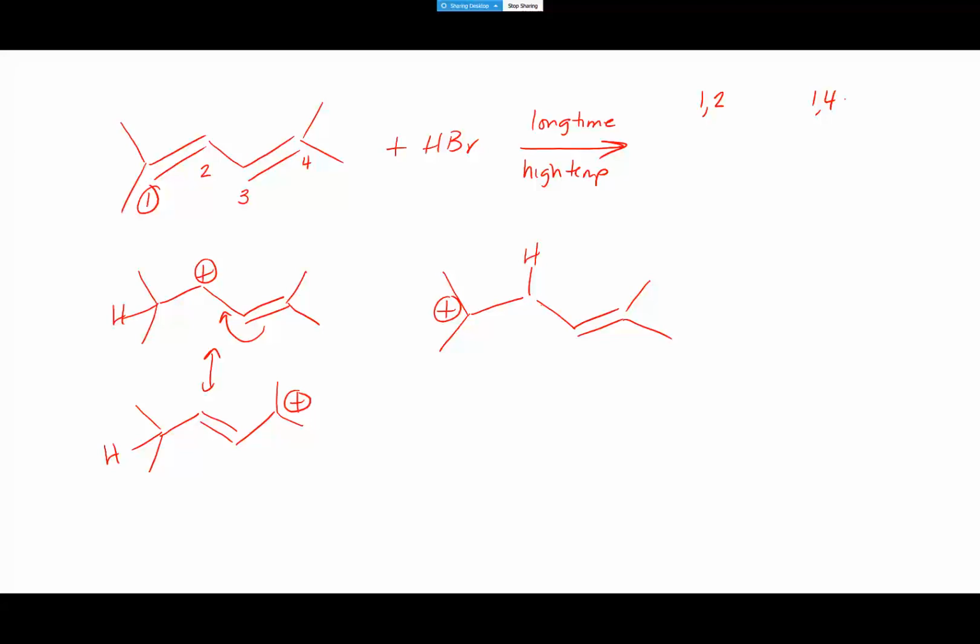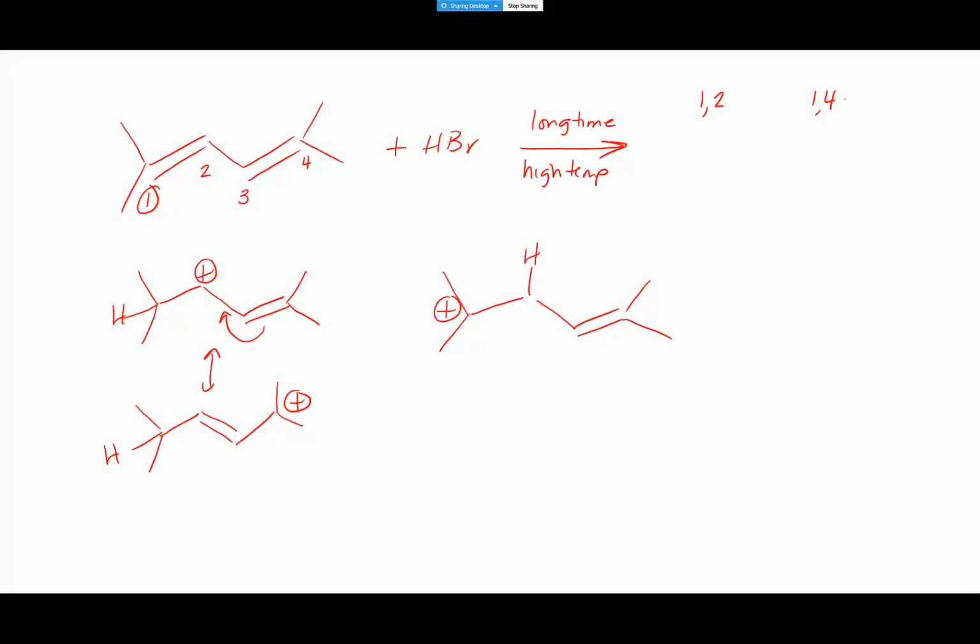So, okay, new rule number 1. You're always going to add the electrophile to the end of the double bond that gives you the most stable intermediate, the most stable carbocation. That does not negate everything we've learned to this point. That's just another way of stating it. But when we do dienes, we're always going to add to carbon 1 of the diene. Any electrophile.